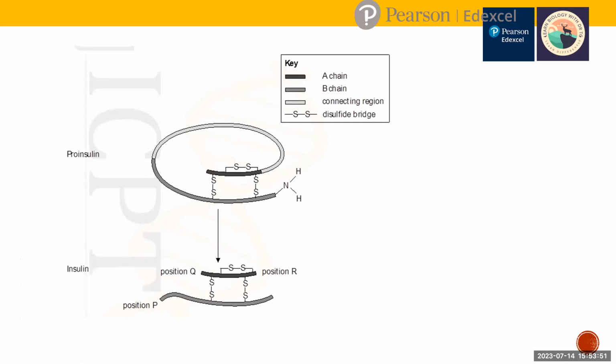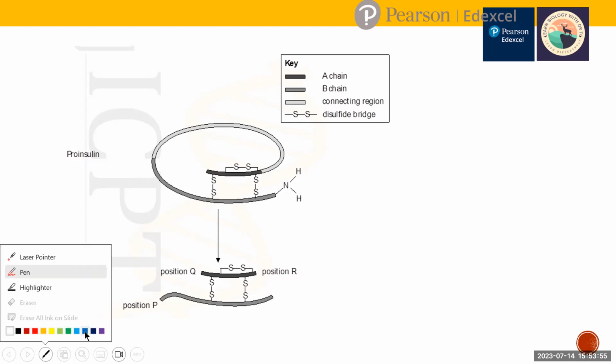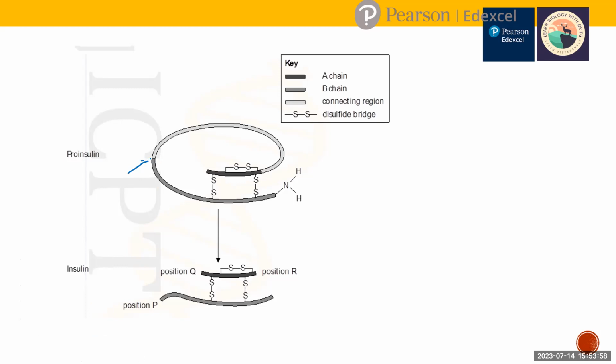Okay, so here this arrow indicates the first position of the connecting region, and this arrow indicates the other end of the connecting region.